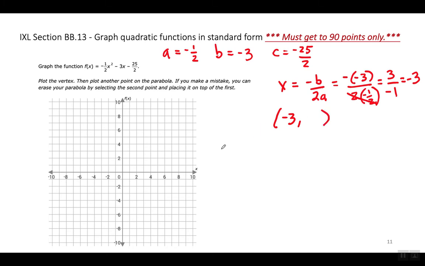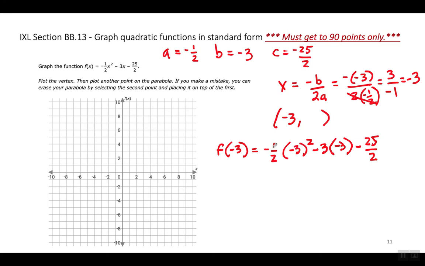Now I need the y coordinate, so let's substitute negative 3 into the function to see what we get. So when x equals negative 3, I'm going to have negative 1/2 times negative 3 to the second power minus 3 times negative 3 minus 25/2. I think some of these numbers are similar to what we just saw a little while ago. But all right, so here, negative 3 to the second power is positive 9.